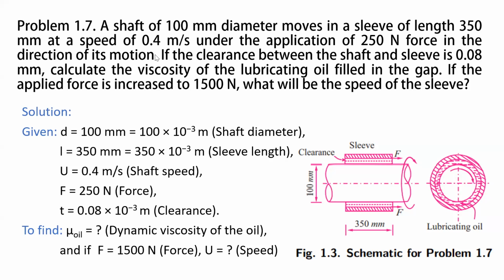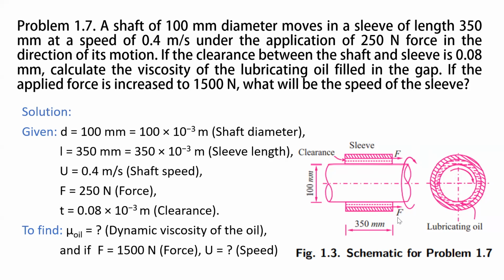Now, a shaft of 100 millimeter diameter. There is a shaft. You can refer to the figure. The diameter of the shaft is 100 millimeter. It moves in a sleeve. Sleeve moves means it rotates in a sleeve. The sleeve length is 350 millimeter. So this is the sleeve length, 350 millimeter.